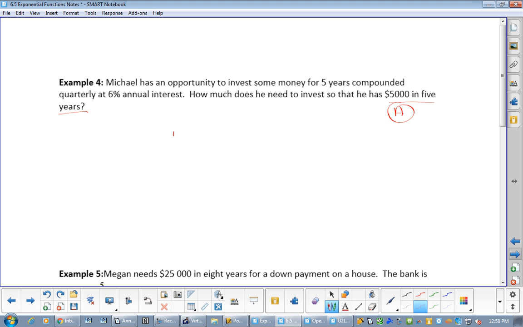Okay, so we'll write down our formula, which hopefully by now you're kind of remembering. I want $5,000 equals the principal, which I don't know. I'm trying to find that out. What do I need to put in right now? So 1 plus 0.06. Am I dividing that by anything? Quarterly, yes, 4. And that 4, now 5 years, 5 times 4.